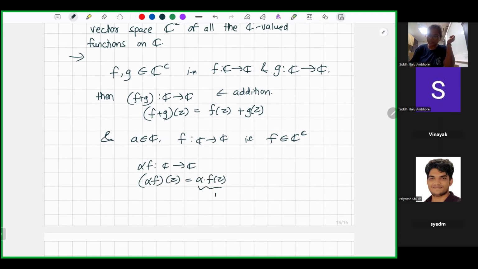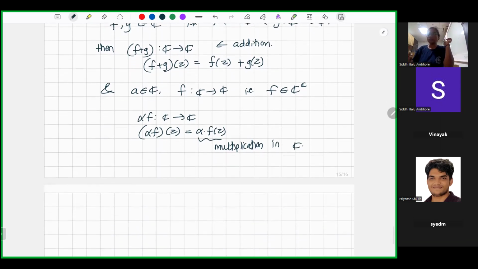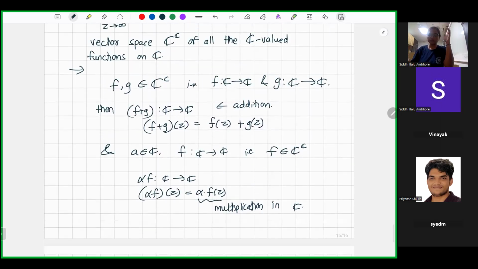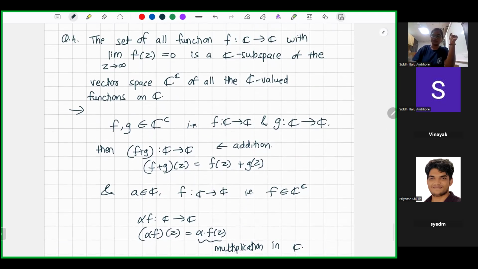This is multiplication in C. So this is just how addition and scalar multiplication are defined in this vector space.